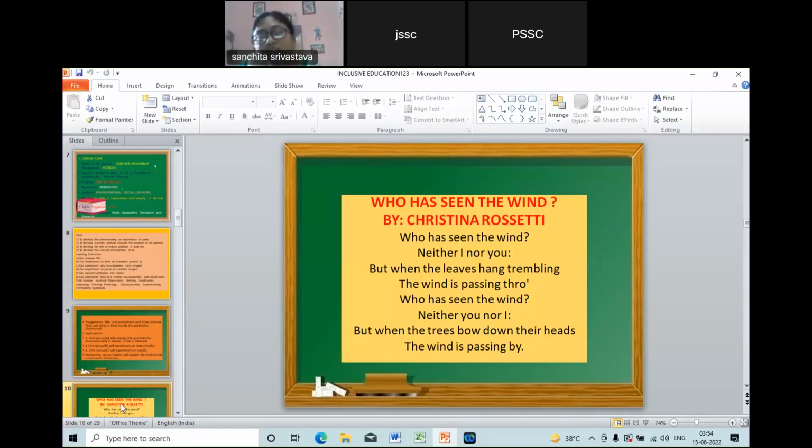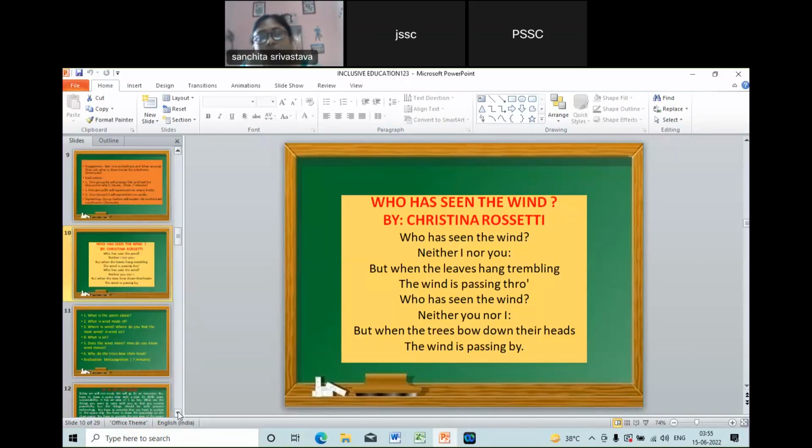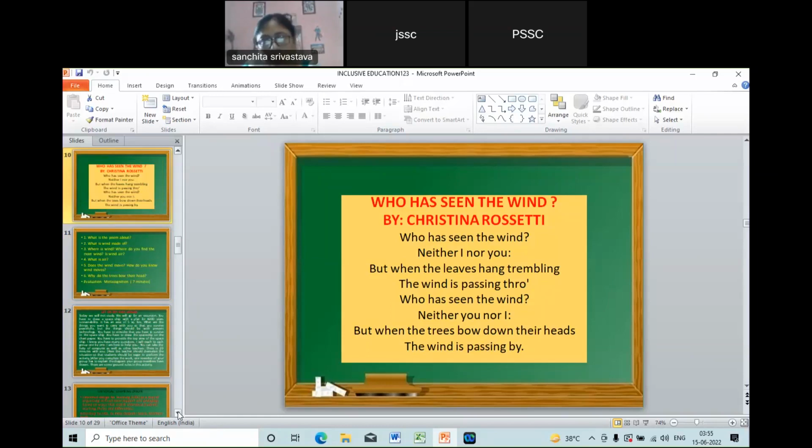The name of the poem is Who Has Seen the Wind? Who has seen the wind? Neither I nor you, but when the leaves hang trembling, the wind is passing through. Who has seen the wind? Neither you nor I, but when the trees bow down their heads, the wind is passing by.